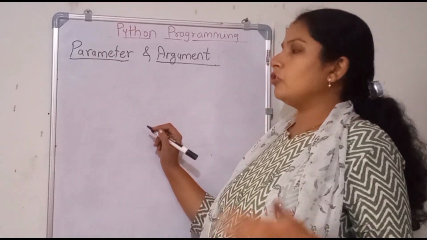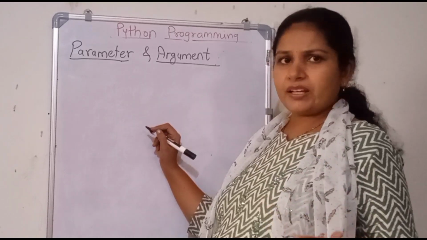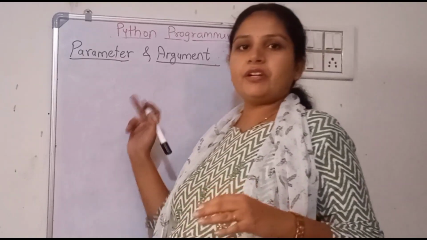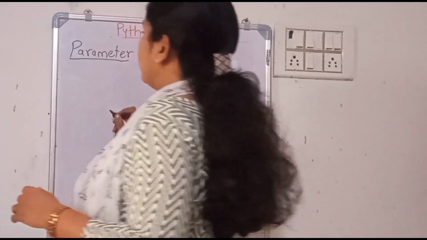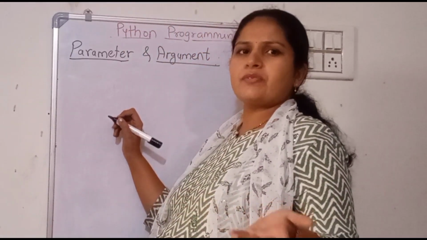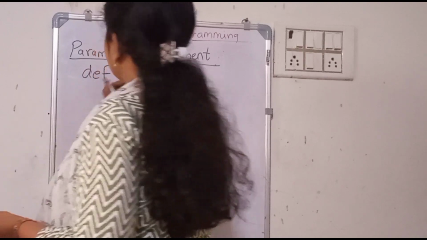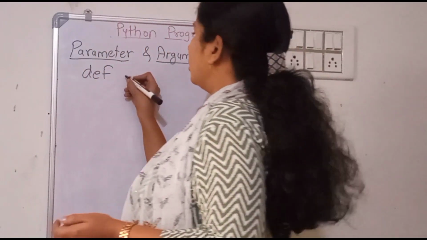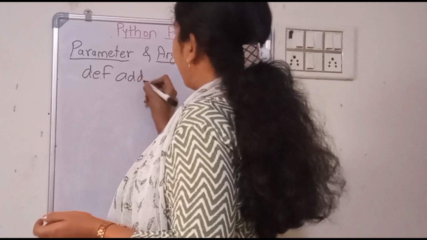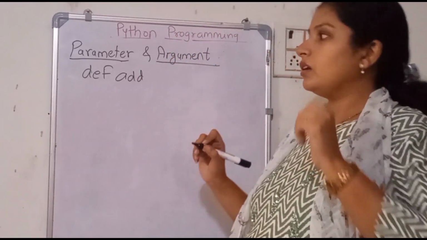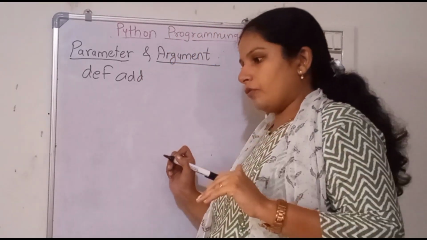Now let's take one simple example to differentiate between these. We'll take a simple program, just addition. So the def keyword, and your function name, add. Add is your function name.